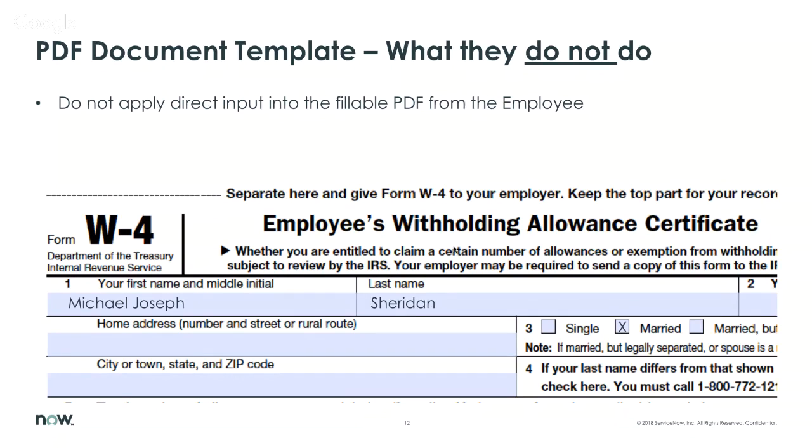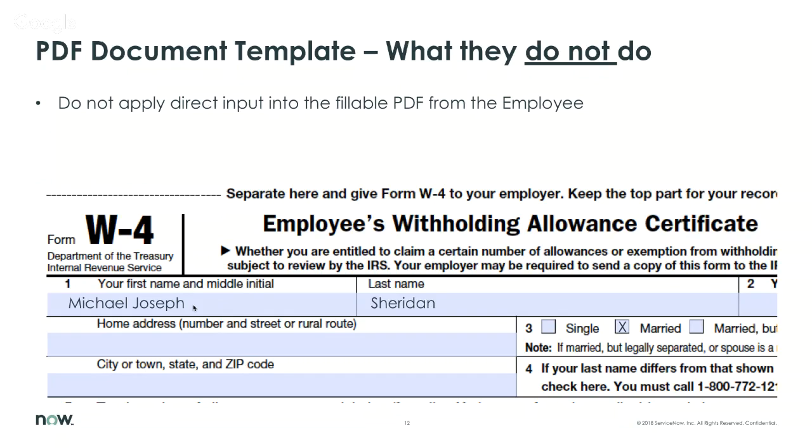Something to know is that the PDF document template does not facilitate me entering my own information when it's presented to me as an employee. Here I have an example where I typed in Michael Joseph, my last name, and said that I'm married. When I sign this document, these fields are not going to be saved with the PDF generated document.